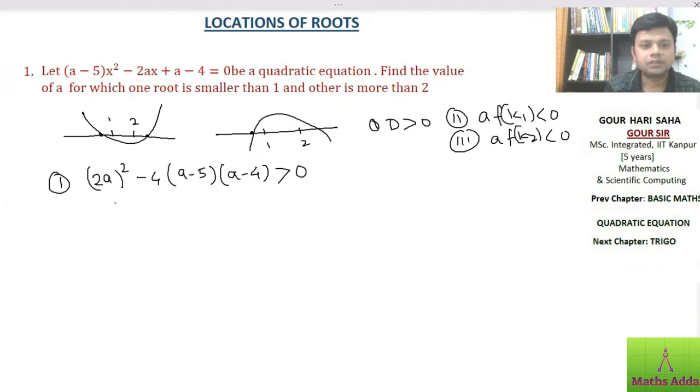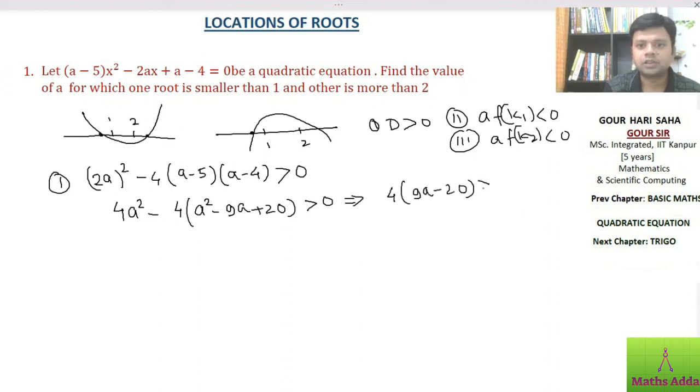This is 4a square, four a square will cancel out. It is 4 into (9a minus 20) greater than 0.